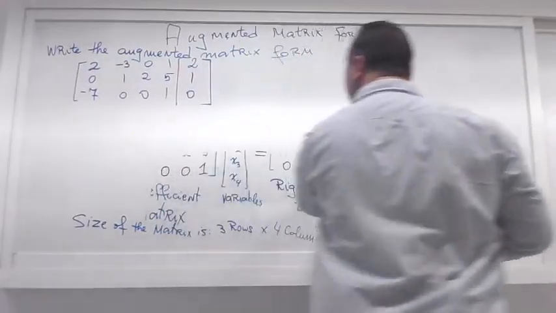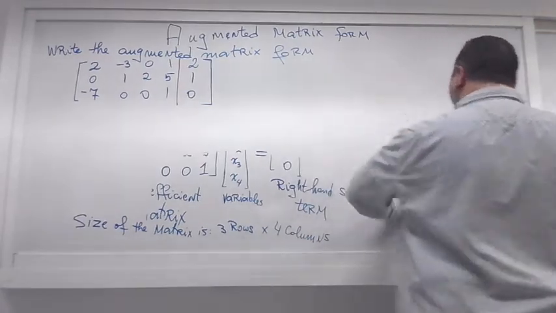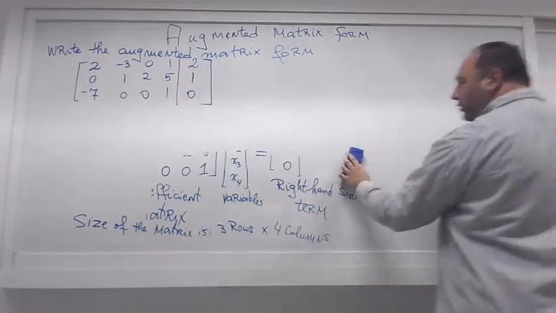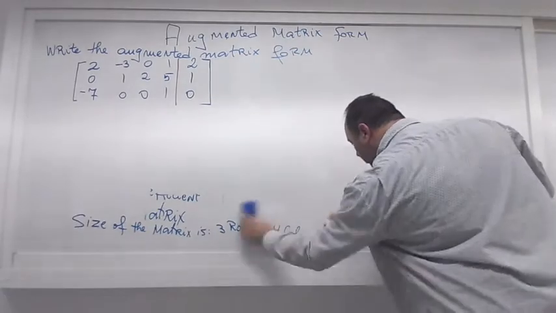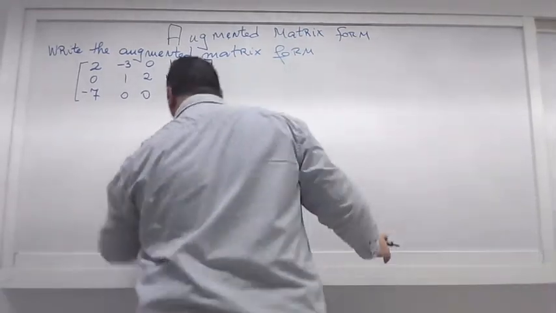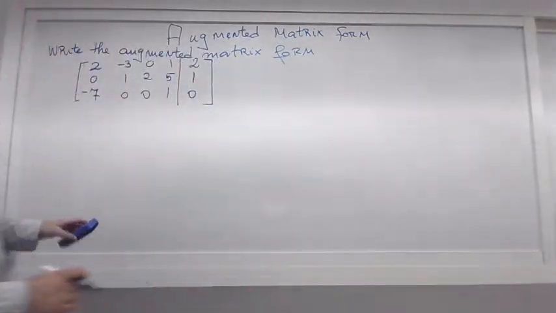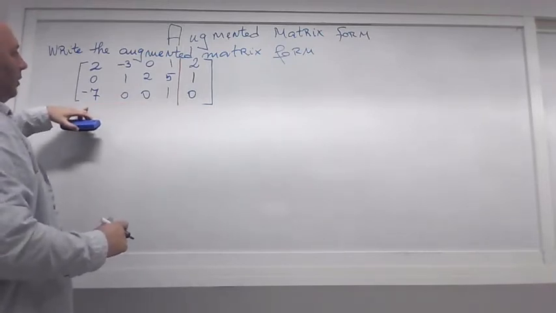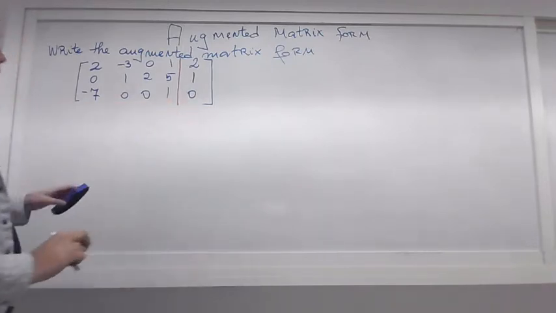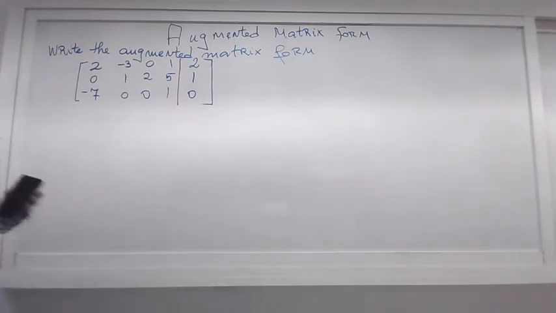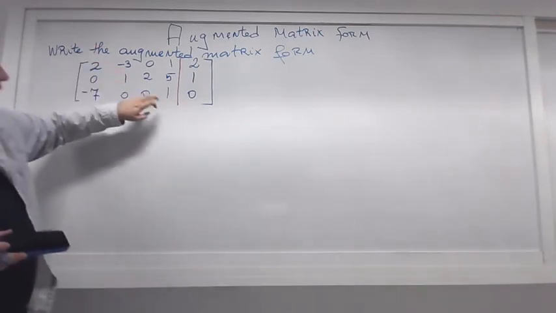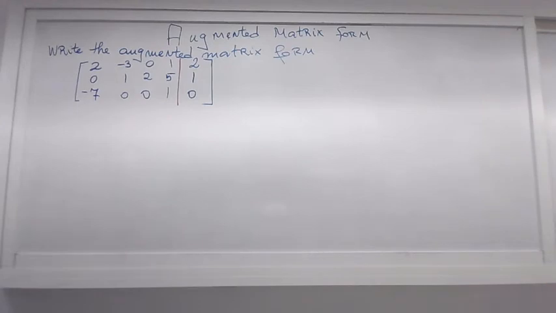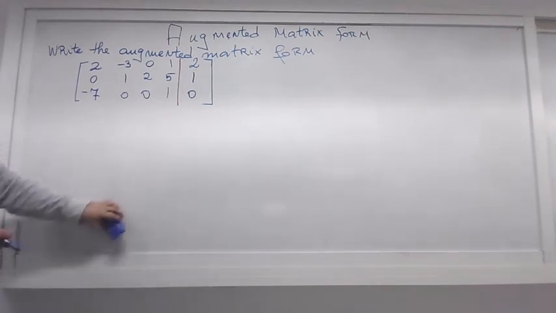Okay, so this is the augmented matrix form of the system. This bar separates the coefficient matrix from the right hand side member. And very quickly we will see why this is important and useful. It's not just notation for nothing, it's very useful when we want to solve problems.